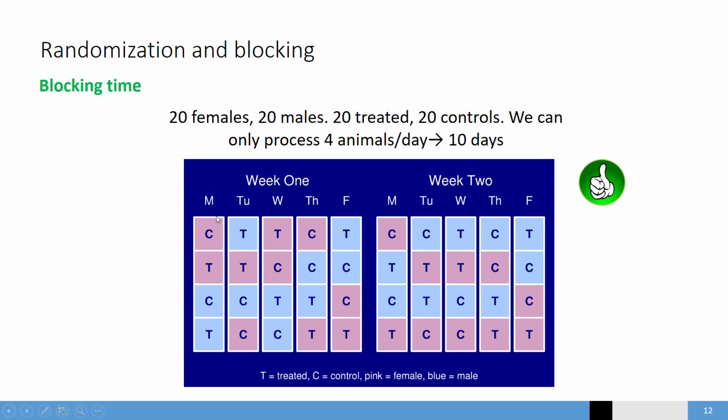Also, if you look at a specific day, you see that the treatments and controls and males and females are randomized. So we don't study all females in the morning or males in the afternoon. If there is a pattern changing along the day, this randomization will tend to average it to 0.